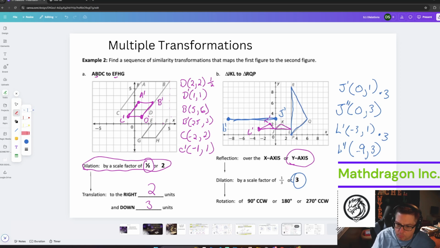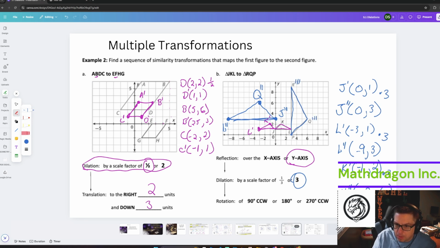And then I'm going to take K prime, which is negative 1, 2, and times that by 3 to get K double prime, which is going to be negative 3, 6. So I'm going to go back 3, up 6, and then connect these, which will be Q double prime, J double prime, L double prime. And then triple primes.